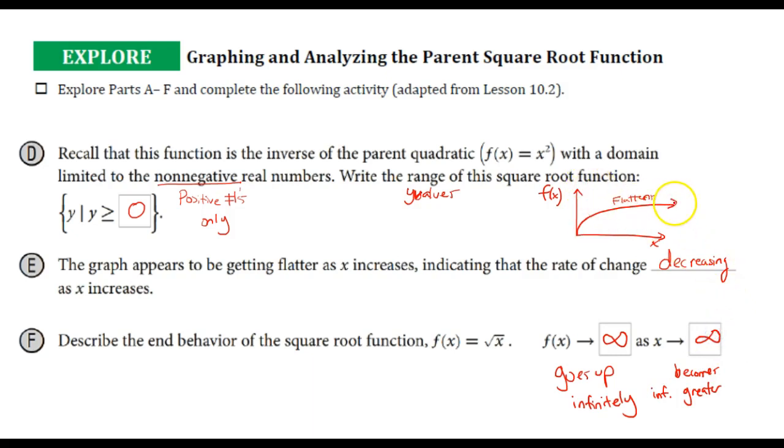Even though it is flattening out, it is still becoming more, and same thing here, it's still becoming more.